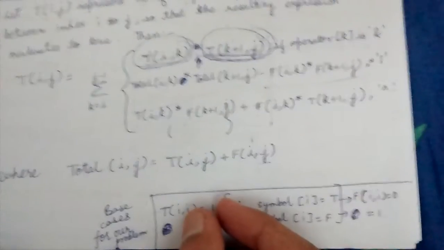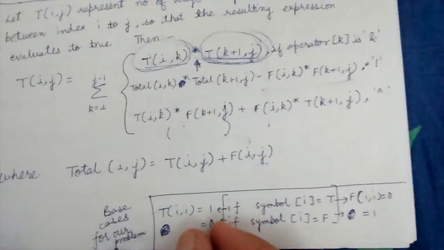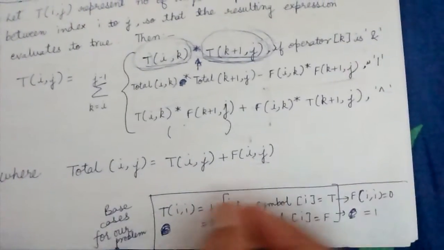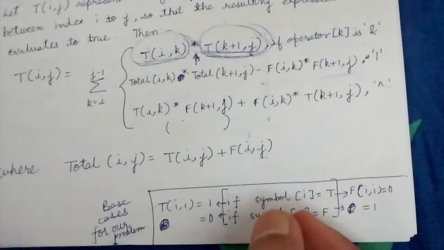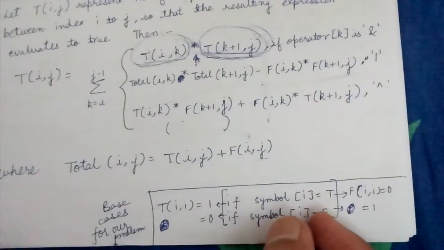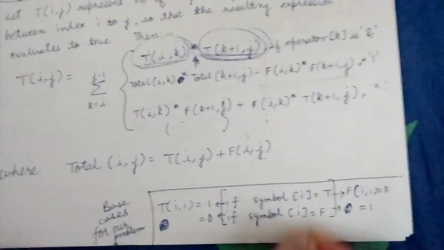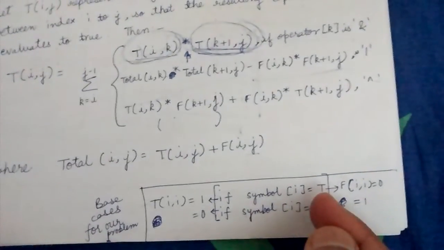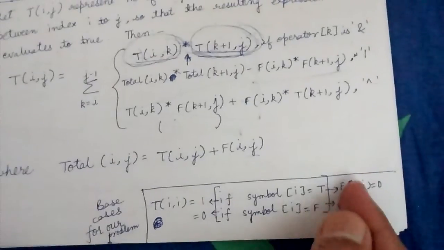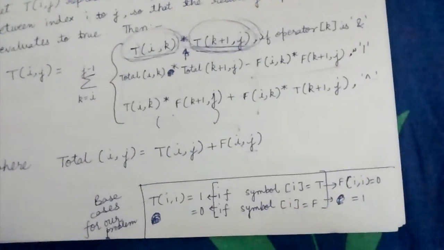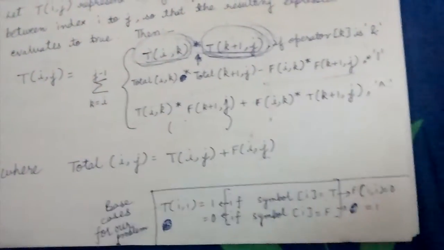It is one way, because it is always true, and 0 ways in which the value can be false, because we can't get the value to be false if the symbol is T, and the opposite for F. So I hope you understand these things.